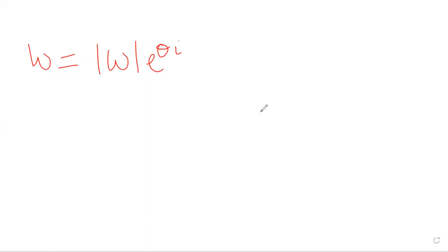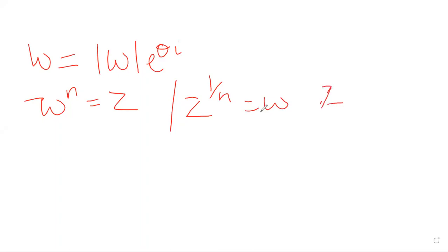So we know that the root to the power n is equal to z, or the other way it was written in the question, z to the power 1 over n is equal to w, where our z is 1 plus i. And our n was what? 3.